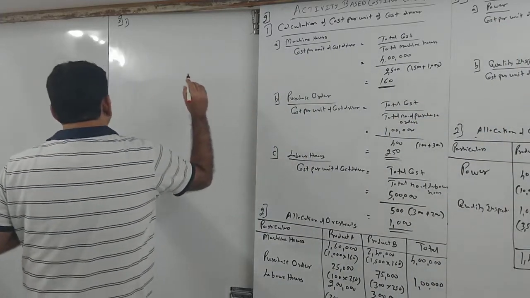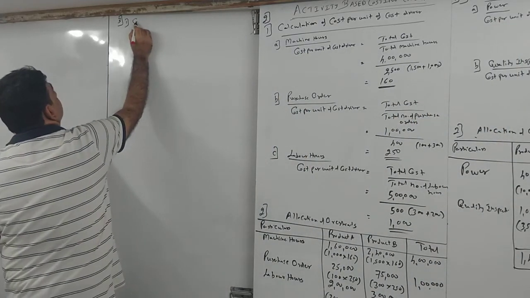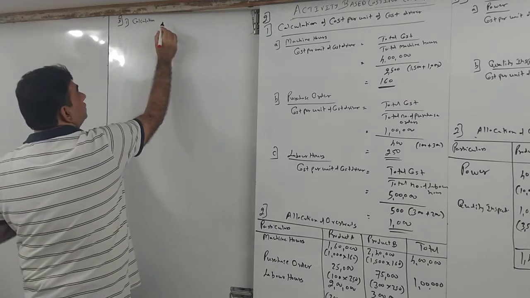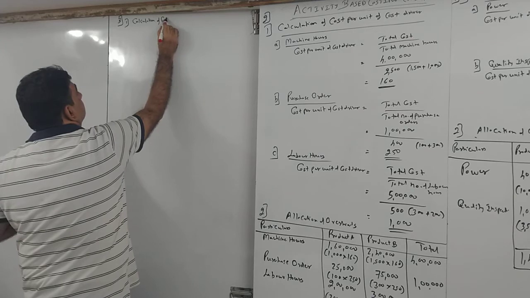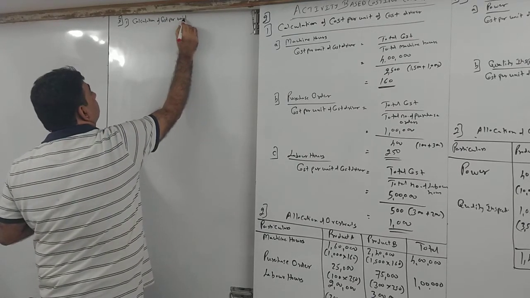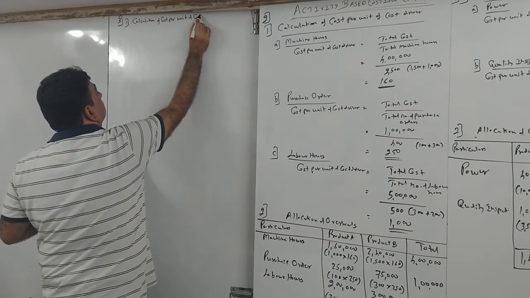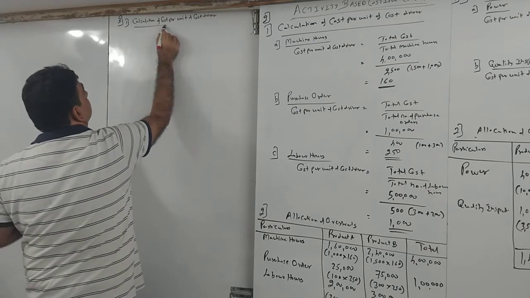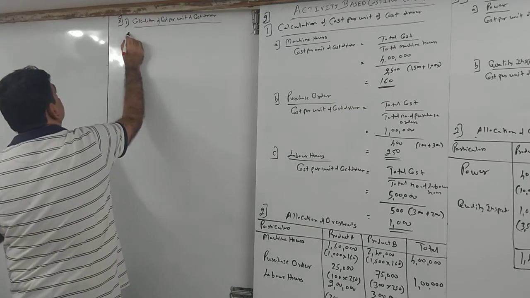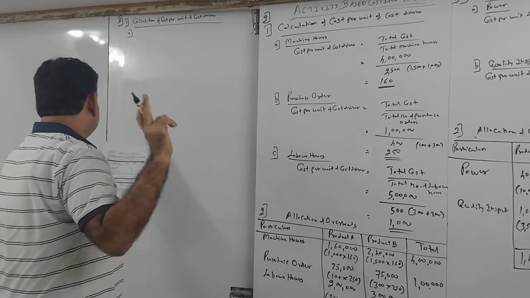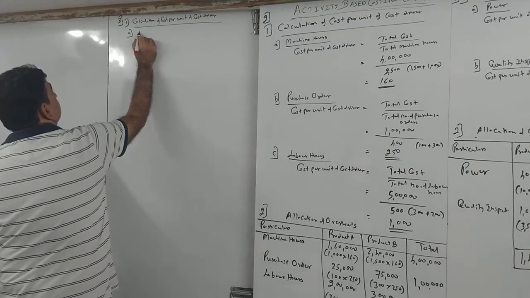First, same thing. First point. Calculation of cost per unit of cost driver. Okay? A. Now see. What is A? Machine setup.